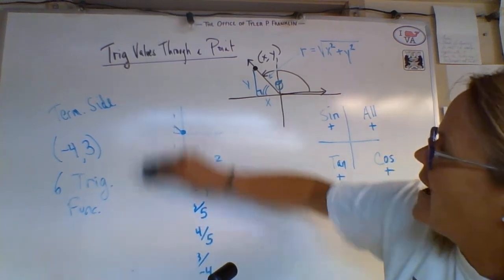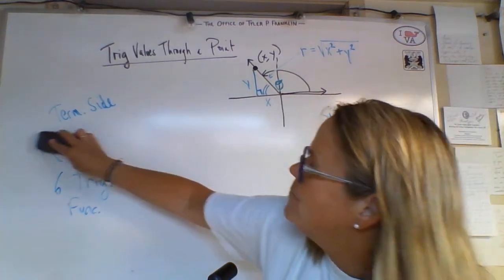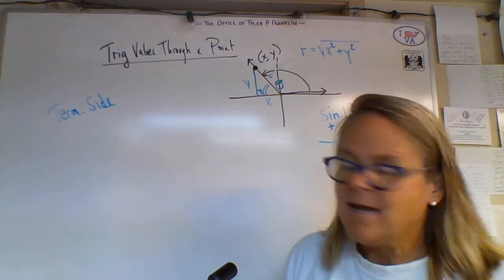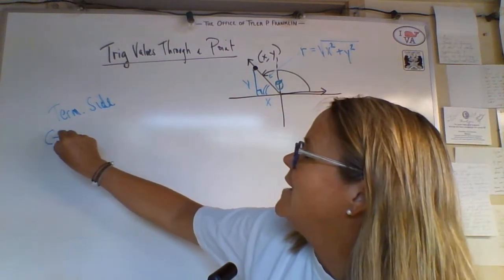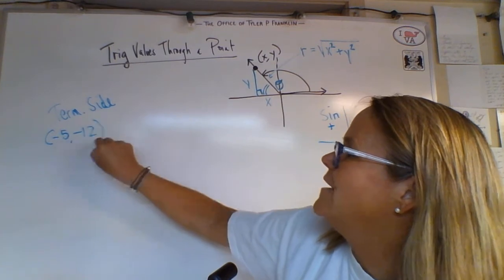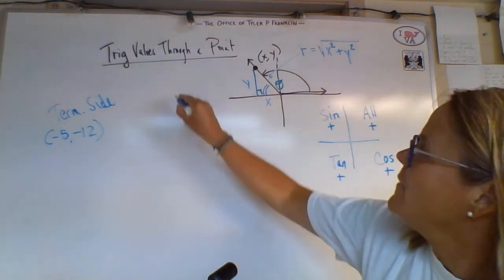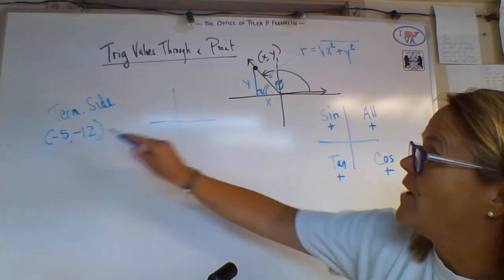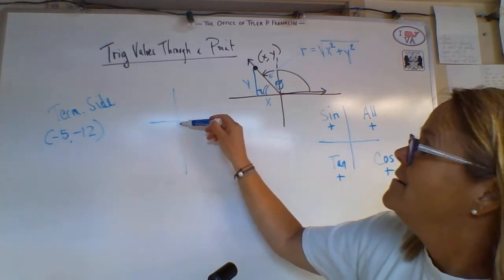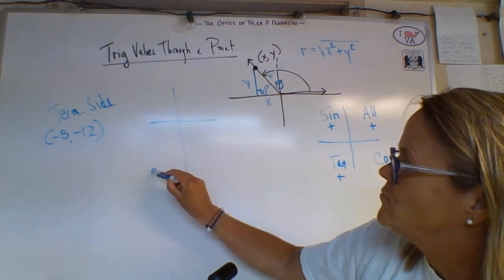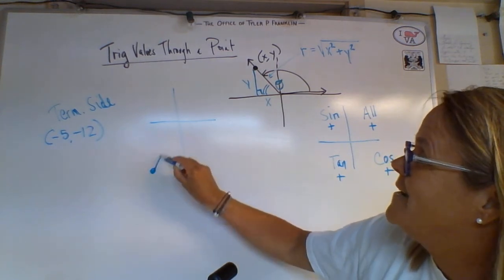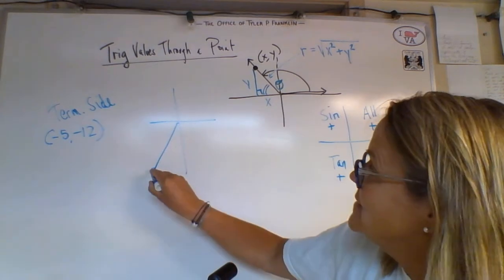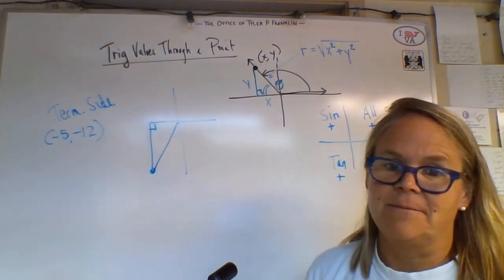Let's look at one more. Say it terminates and goes through (-5, -12). Again, I could draw a little picture and think, where's that point? Left 5, down 12. Connect it to the origin, and connect it to the x-axis.